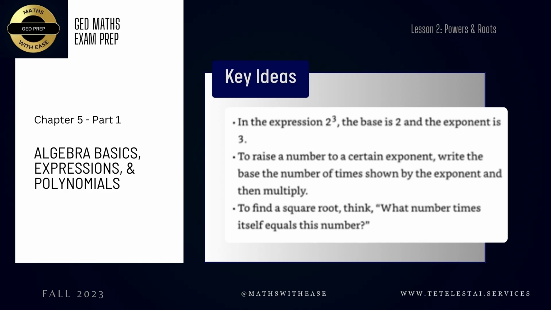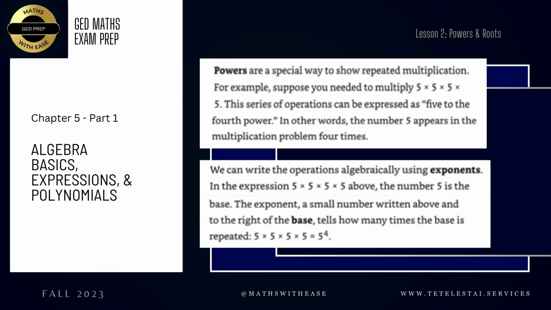To find a square root, think what number times itself equals this number. Powers are a special way to show repeated multiplication. For example, suppose you needed to multiply 5 by 5 by 5 by 5. This series of operations can be expressed as 5 to the 4th power, or 5 raised to the power of 4.